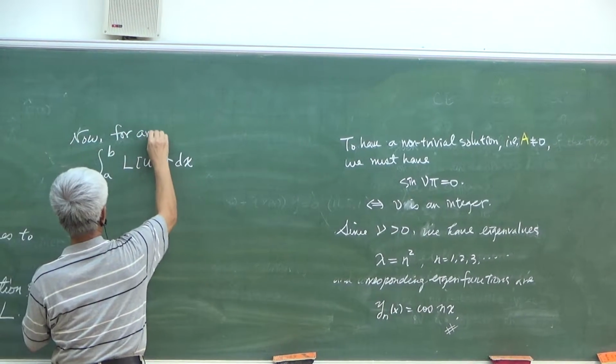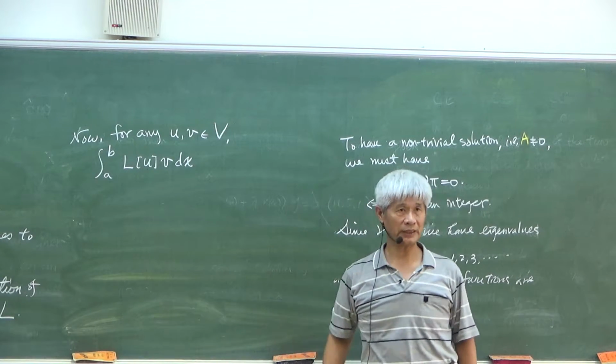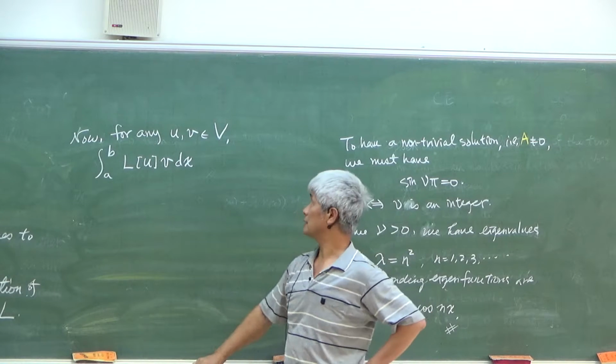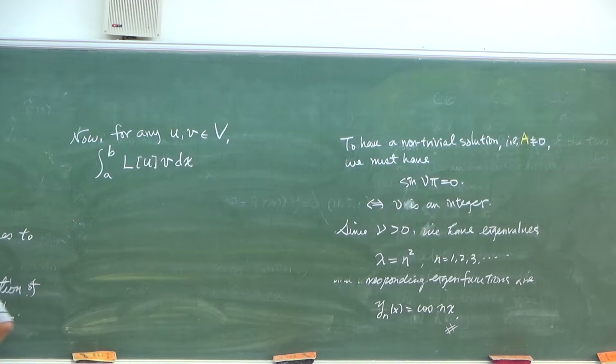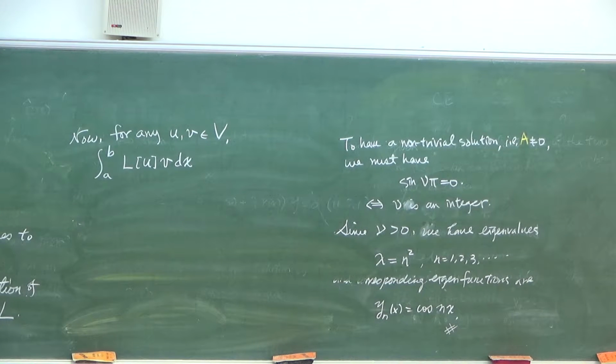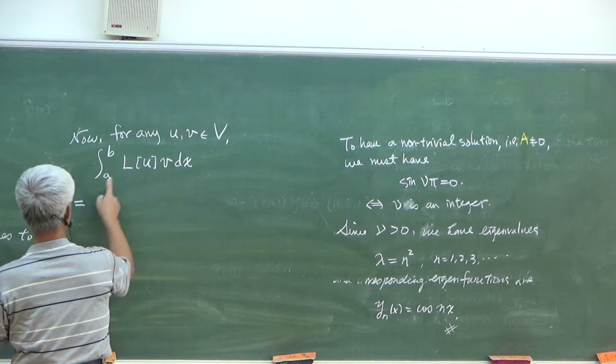Now for any u, v in the vector space, we consider any two functions u, v in the vector space V here. Remember, u and v are twice differentiable functions satisfying the two boundary conditions.